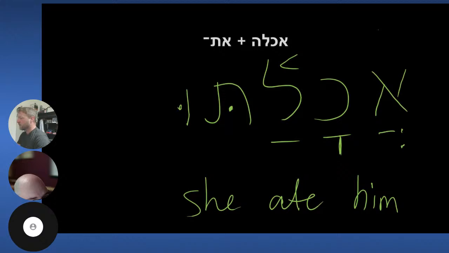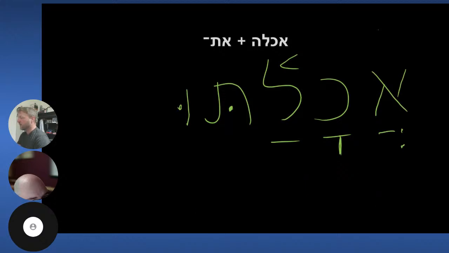And also the same thing that we said with the feminine, where we have ha. The hey assimilates. Okay, it assimilates, so we have ha. And then we're just going to mark that vowel as still existing. Achalata.